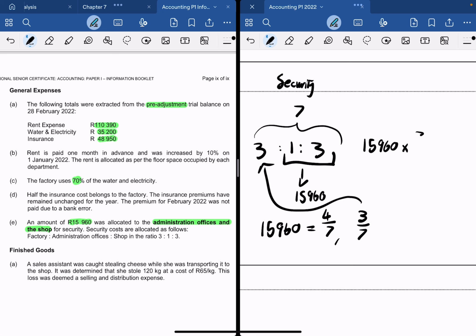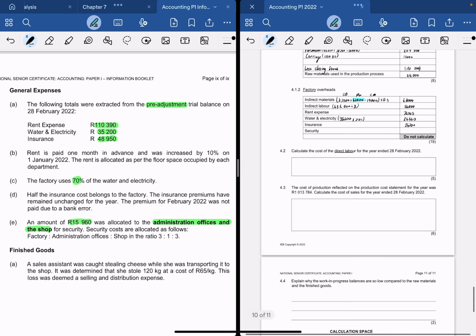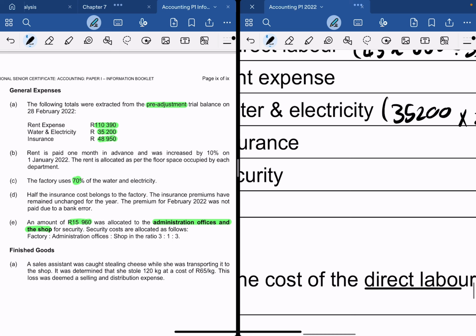We want 3 over what do we have? 4, right? We want 3, they have 4. And that gets us to 11,970.